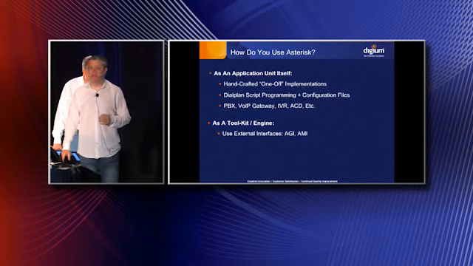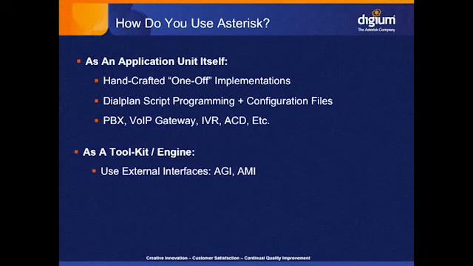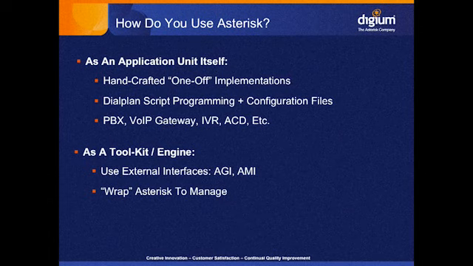You perhaps use some of the external APIs or interfaces that we have into it. AMI, which is Asterisk Manager Interface, AGI, which is the Asterisk Gateway Interface. You wrap Asterisk up in your own code, your own GUI, your own solution, and present that to the world as you need. And so this gives you a great platform for building custom solutions and custom applications.